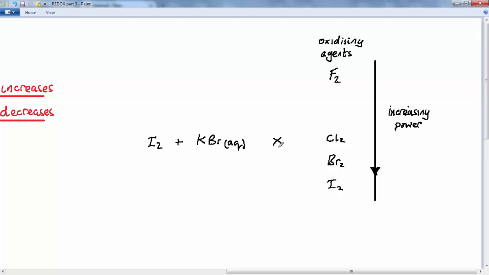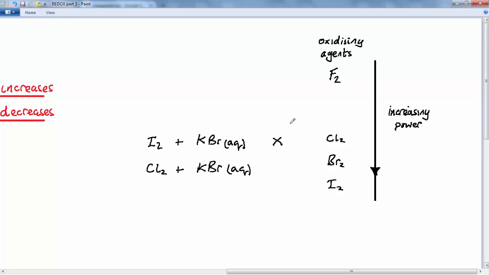Whereas, as we've just seen, if we take chlorine gas and add it to potassium bromide solution, yes, there will be a reaction because chlorine is above bromine in the reactivity series. Therefore, chlorine is able to oxidize the aqueous bromide ion to form bromine gas. And there will be a reaction there.